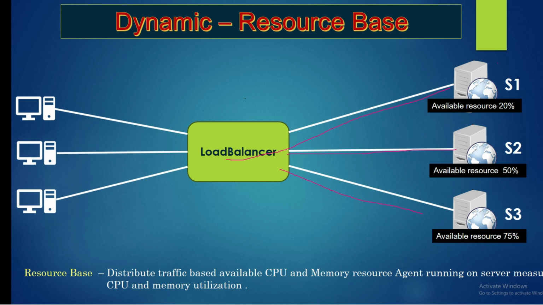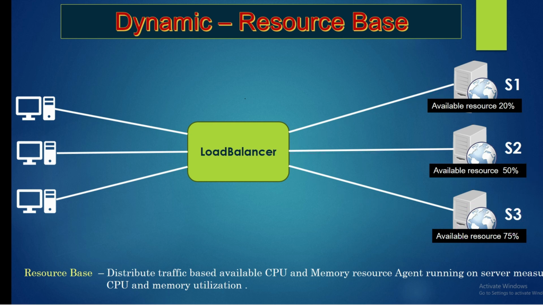You can see available resources are only 20% here, 50% here, and 75% here, meaning this server's utilization is low and its health check is good. With only 20% available, traffic will not hit that server, because utilization would go high and the server might crash.